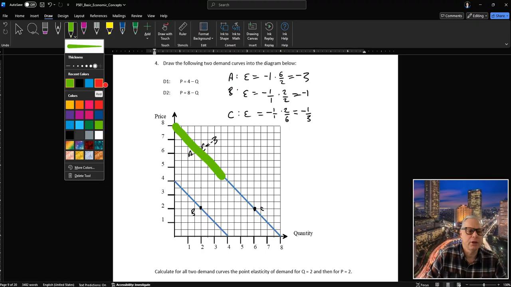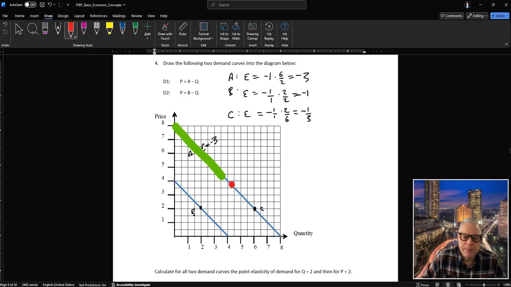And if you go down here, this is what we call the inelastic part, meaning that the relative response in quantity demanded is always less than the relative change in price.